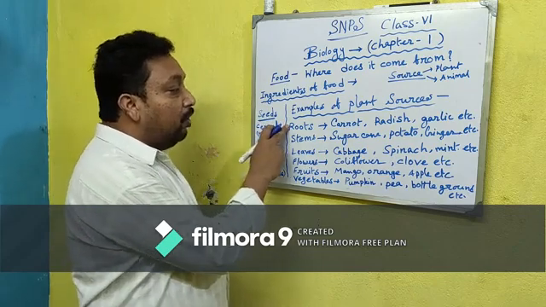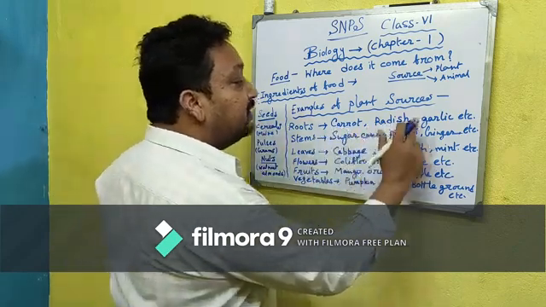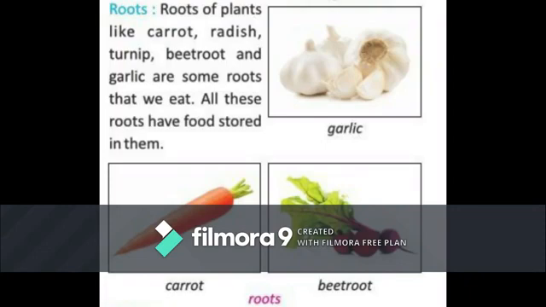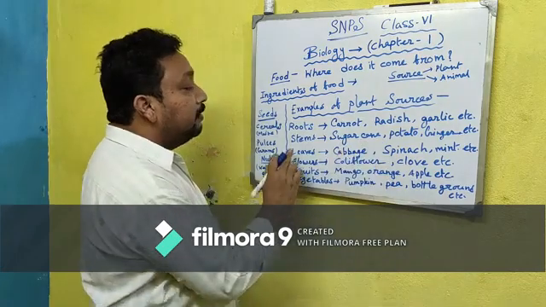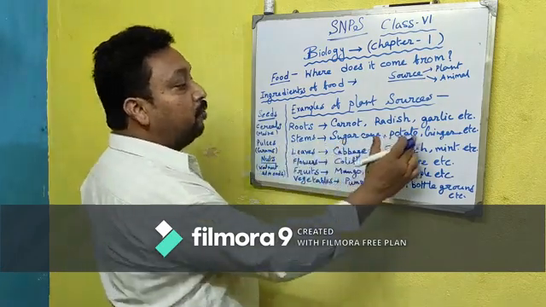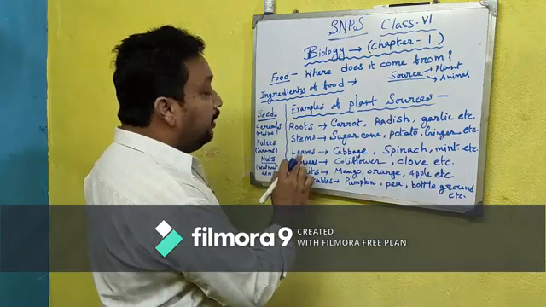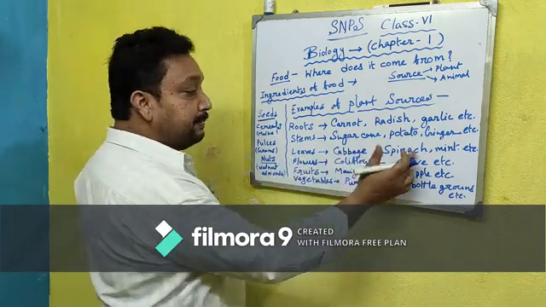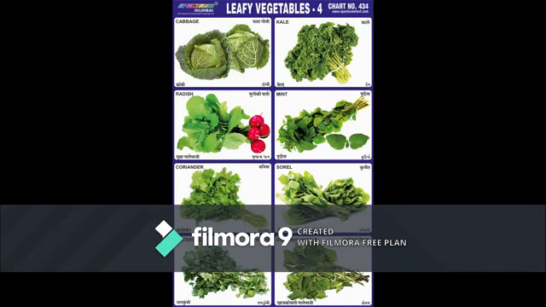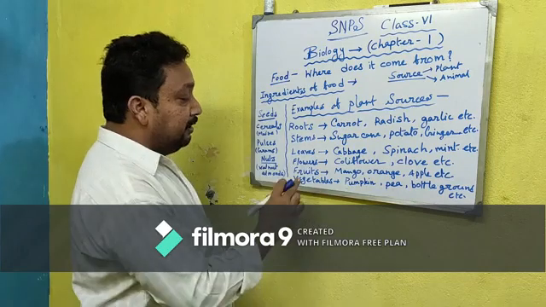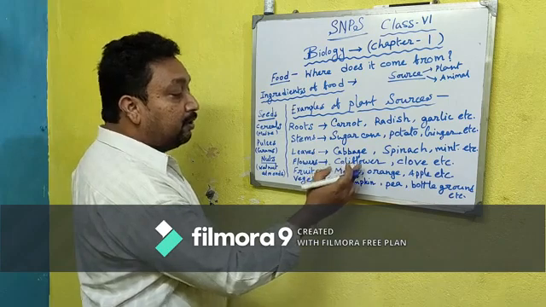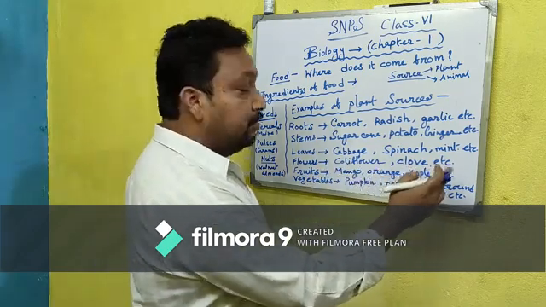Some examples. Roots: carrot, radish, garlic. Stems: sugarcane, potato, ginger. Leaves: cabbage, spinach, mint. Flowers: cauliflower, cloves.